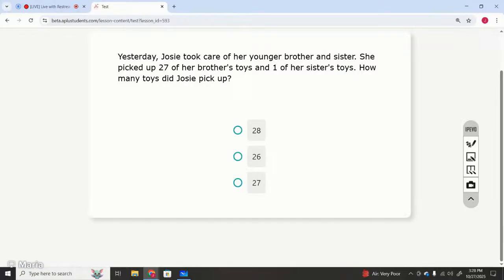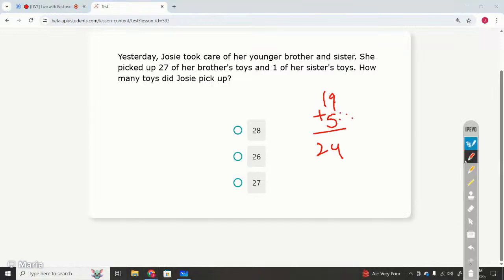Yesterday, Josie took care of her younger brother and sister. She picked up 27 of her brother's toys and one of her sister's toys. How many toys did Josie pick up? So, which is the correct option? 27 of her brother's toys and one of her sister's toys.